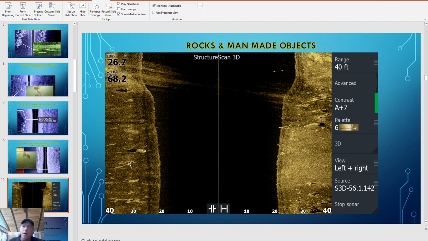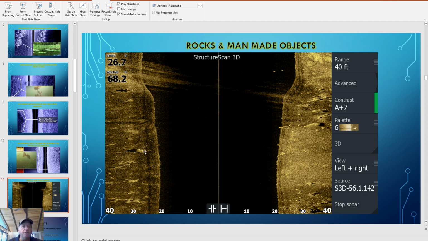What I wanted to point out is, first off here, as I said, the harder the object is that the sonar signal hits, the stronger the signal it returns. With side imaging, the stronger or harder the object, I should say, the stronger that sonar return is going to be, and it gives off a brighter return, just like you saw in the previous slides with the weeds.